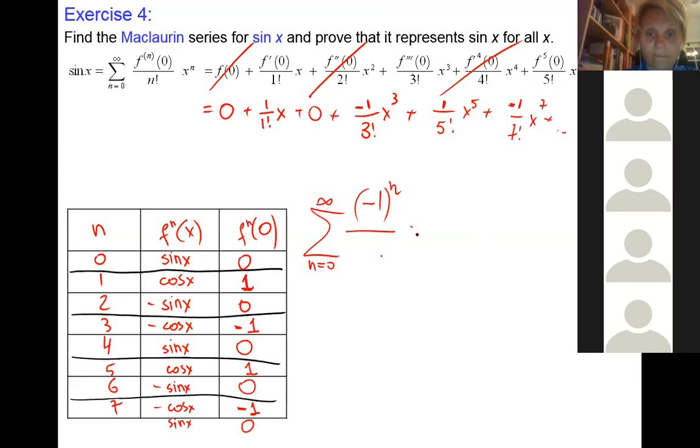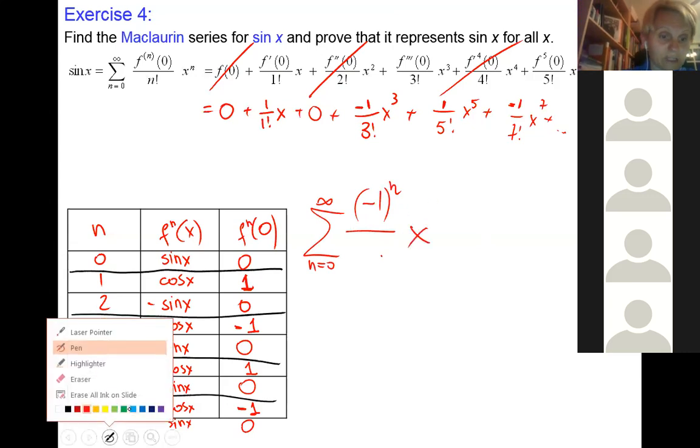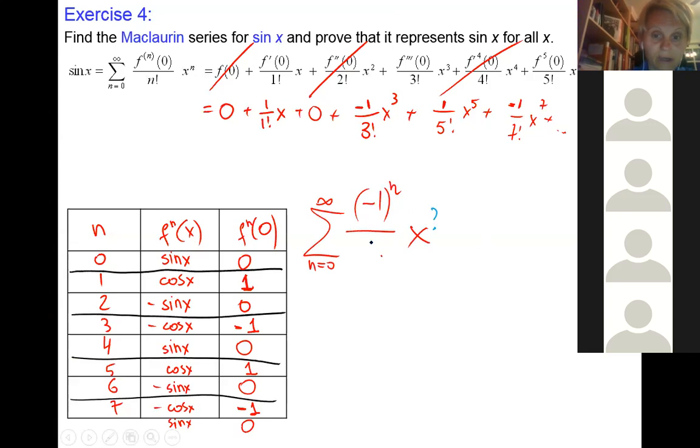And then I have x to the power of, what do I need? I need this number and I need this number. We have 1, negative 1, 1, negative 1. Negative 1 to the n. And now, can you tell me what we have in the denominator? We have 1 factorial, 3 factorial, 5 factorial, 7 factorial, and so on. We don't really have 1, 2, 3, 4, 5. We have just odd numbers.